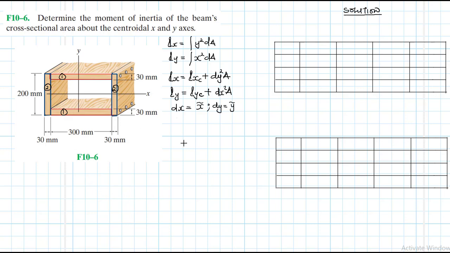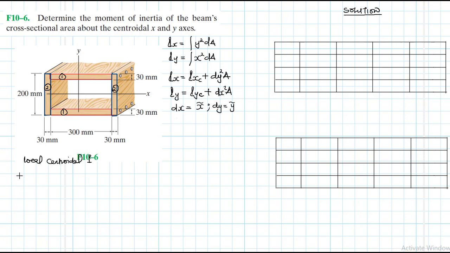So let's find the moment of inertia for each one of those. The centroidal moment of inertia, I'll just find for 1 and then multiply it by 2 because of symmetry. So we are dealing with the local centroidal moment of inertia.